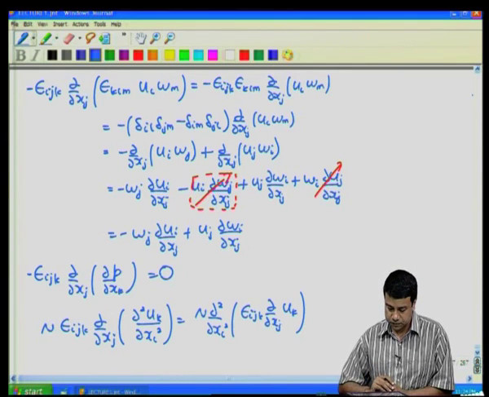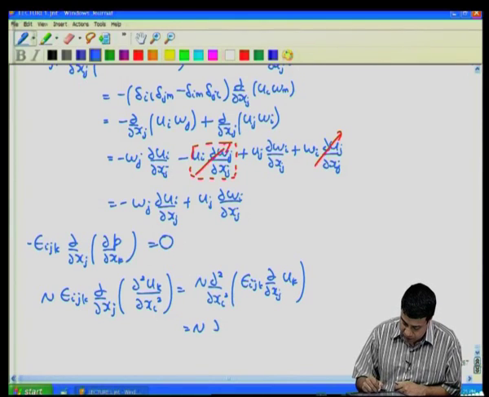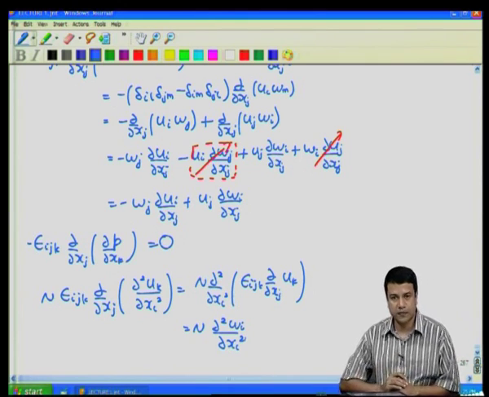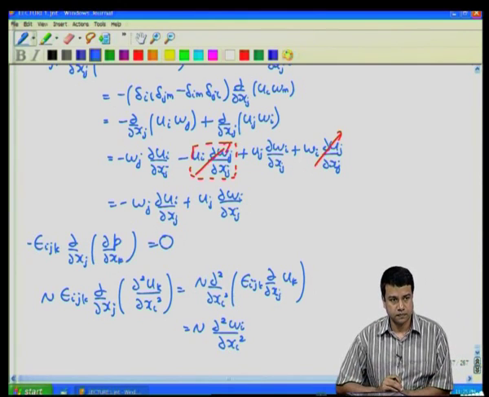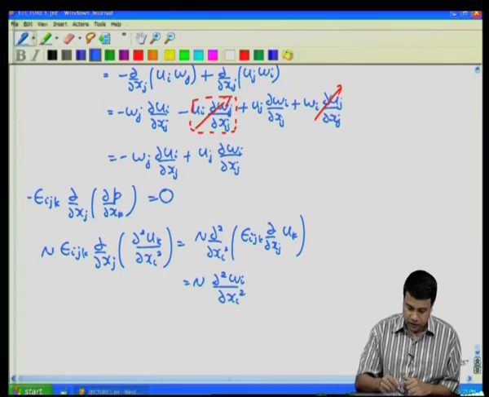What is in the brackets is of course the vorticity itself. So, this is just equal to nu partial square omega i by partial x l square. So, putting all these together, we will get the conservation equation for the vorticity.